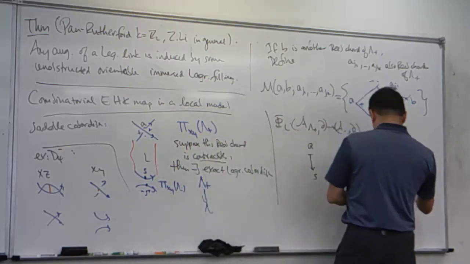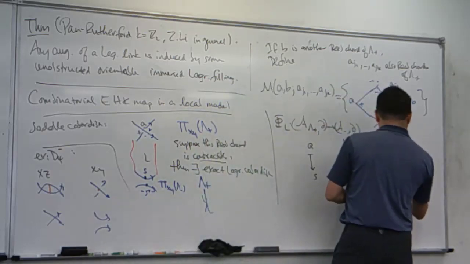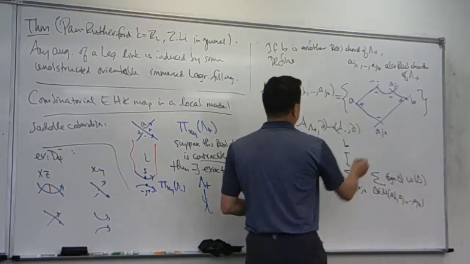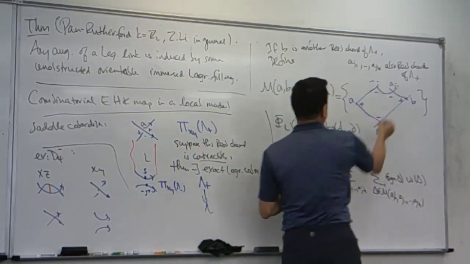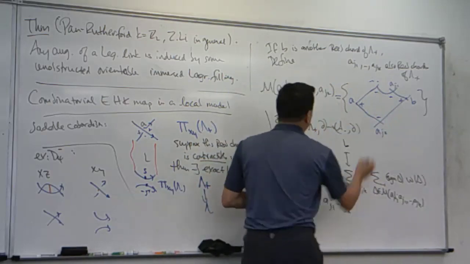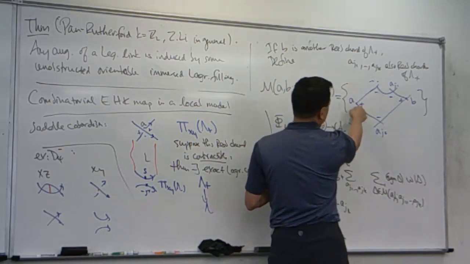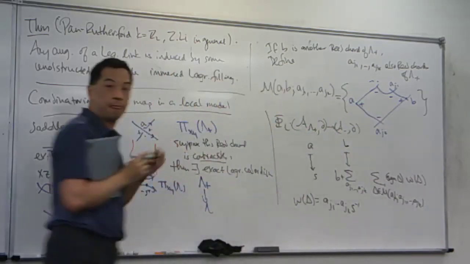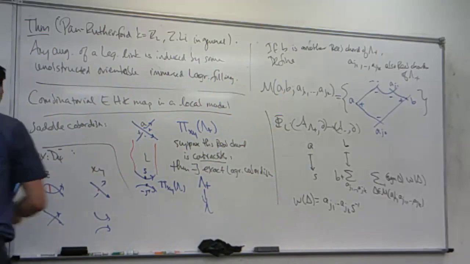And then W of delta is just the product of all of the negative corners, AJ1 through AJK. And where there used to be the one positive corner besides B, which is at A, that's now going to be replaced by S inverse. Okay, so let's do an example.